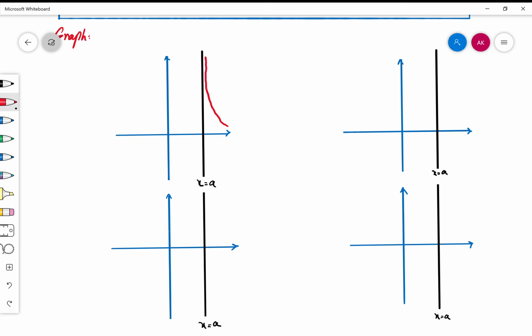This means that the limit of f of x as x goes to a plus is plus infinity, and the minus side can be also something like that. It gets closer and closer to this line. It never touches that.